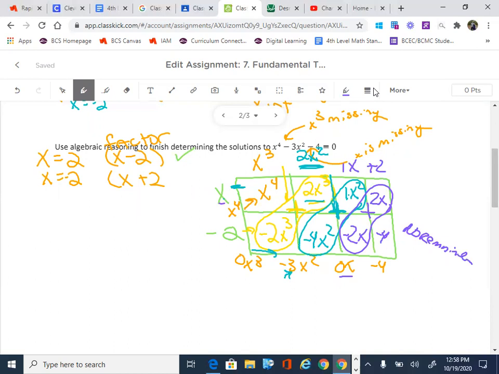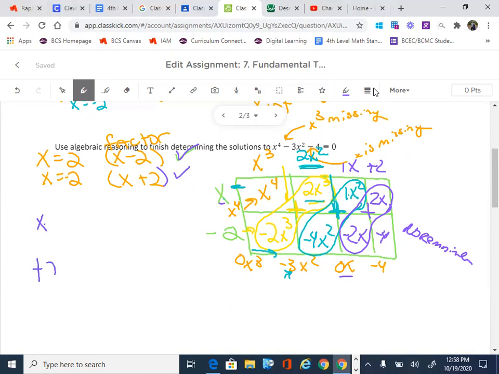Then we've already worked with this one. We need to take our final answer and divide out the next one, which is x plus 2. I'm going to do that over here.